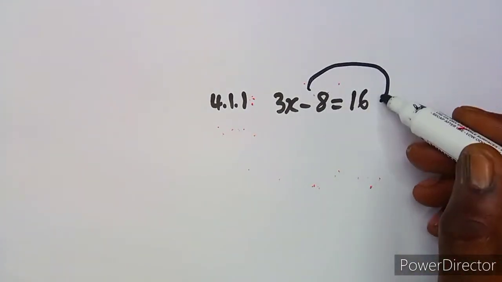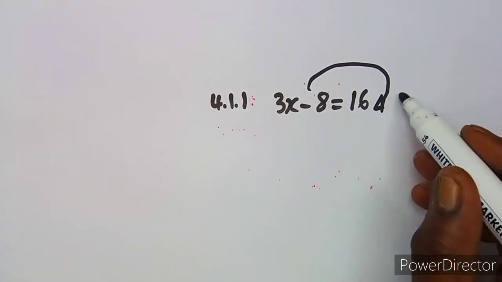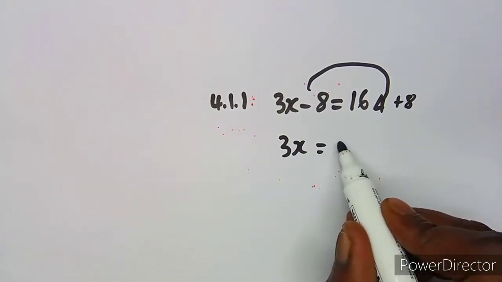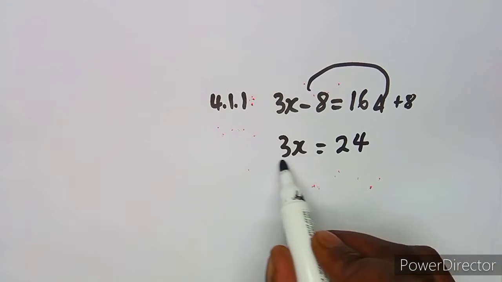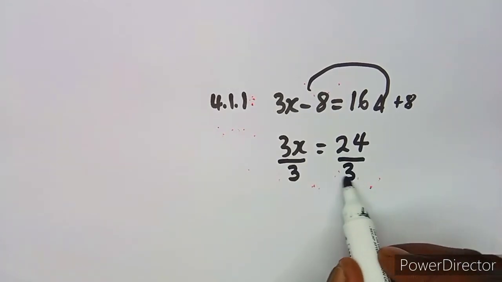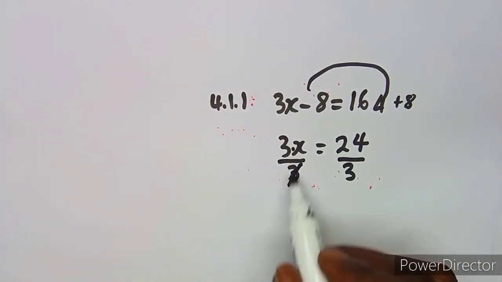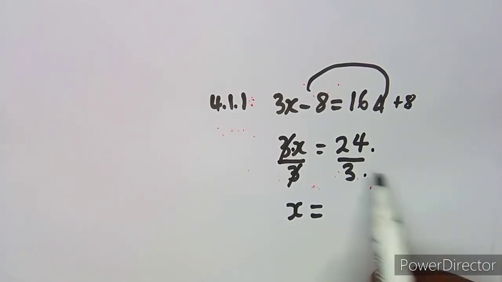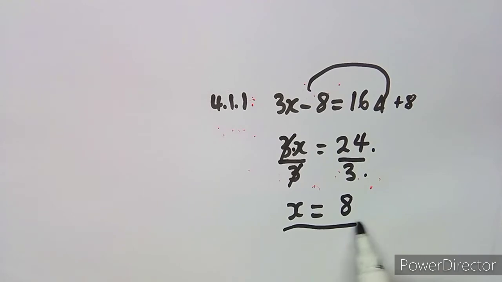This one to the right hand side is going to be a plus. All right, so it's going to be 3x is equal to 16 plus 8, which is 24. Divide by 3 because you are multiplying here, so you have to divide to cancel this. So x is going to be 24 divided by 3, which is 8. So x is 8.